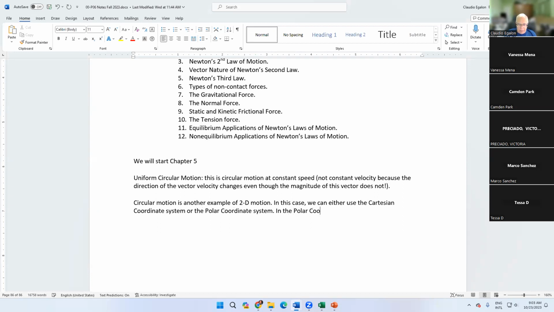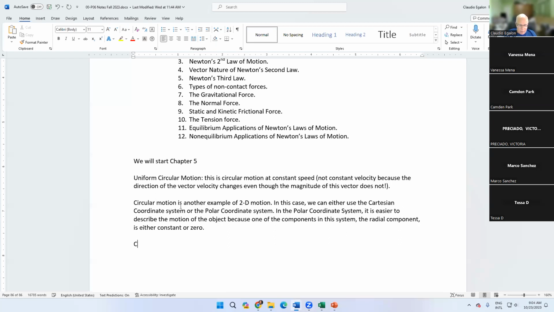In the polar coordinate system, it is easier to describe the motion of the object because one of the components in this system, the radial component, right, is either constant or 0. Okay.